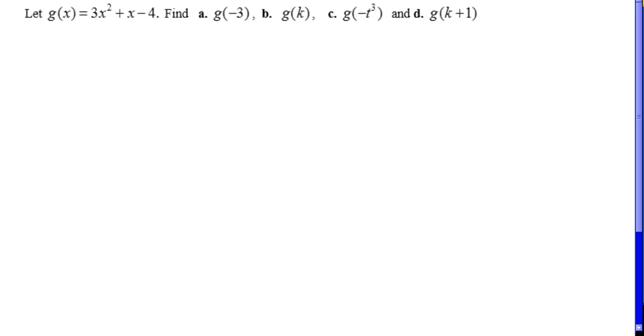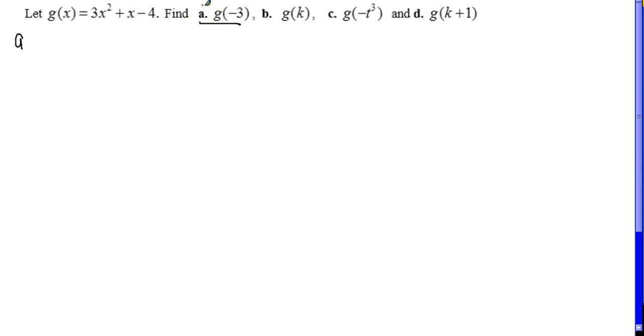All right. So let's drop some numbers into a function and see what we get out. Let's start here with a. We have been given this function. This function is supposed to multiply by 3, square, add the number again, and then subtract 4.